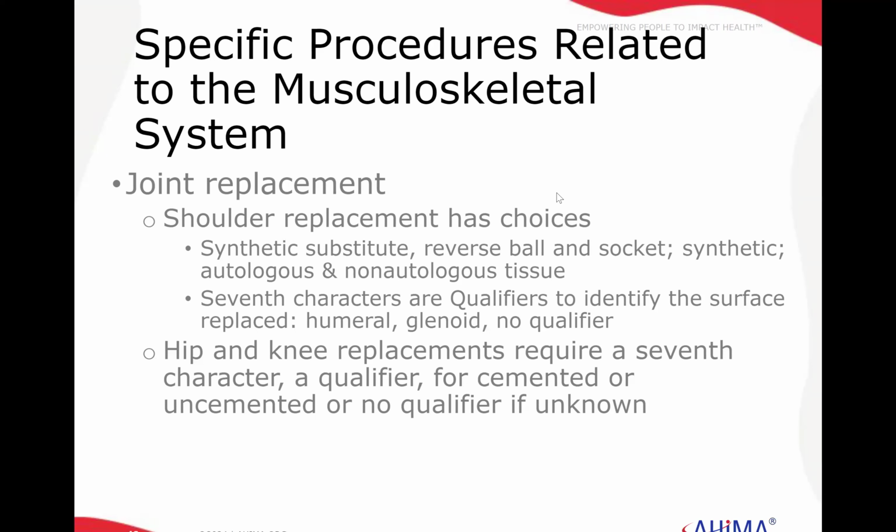Likewise, with shoulder replacements, we have the choices: reverse ball and socket, synthetic, autologous, non-autologous tissues, and so on. Hip and knee replacements require a seventh character, a qualifier, as we need to know whether it's cemented or uncemented, or no qualifier if unknown.